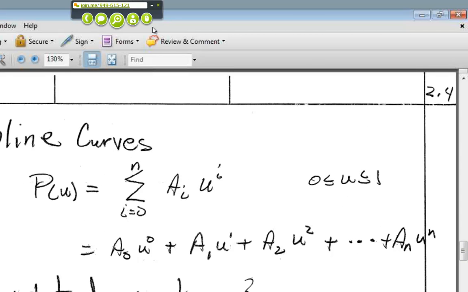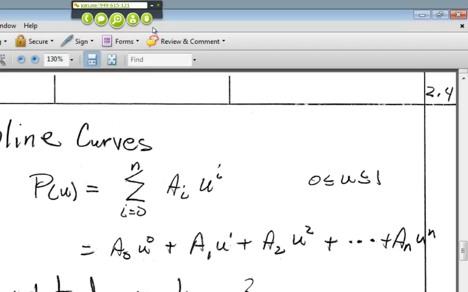So the definition of our spline is, again, P(u). An infinite number of points go on the left-hand side. On the right-hand side, it's the summation of i equals 0 to n of a_i u^i.